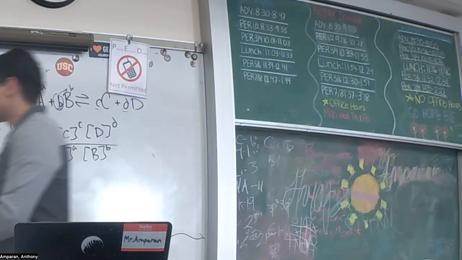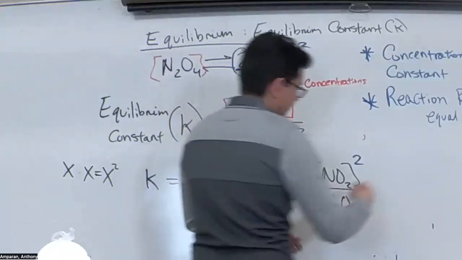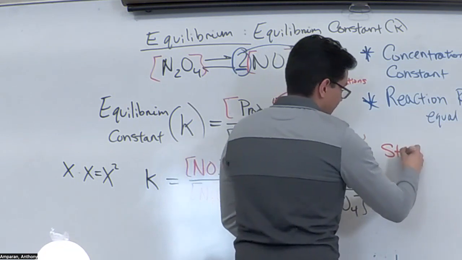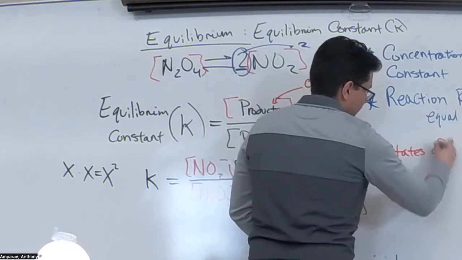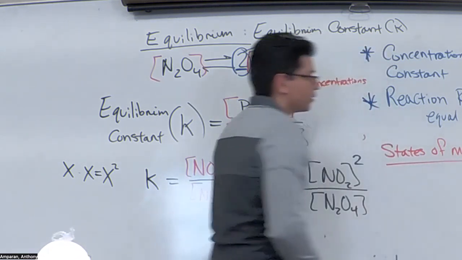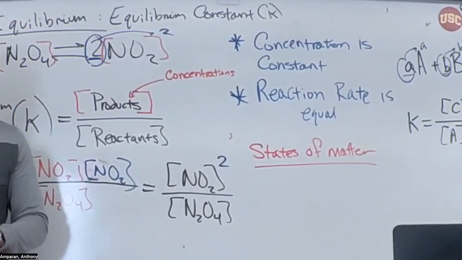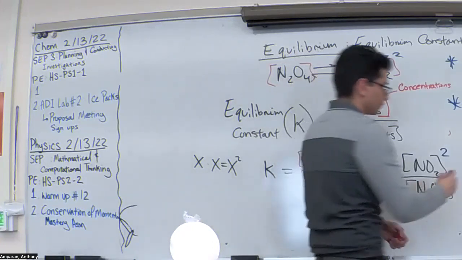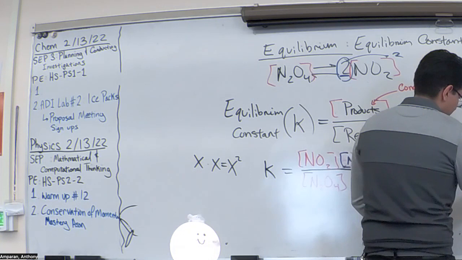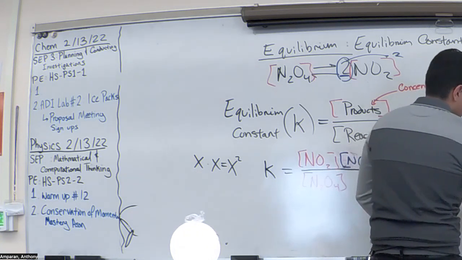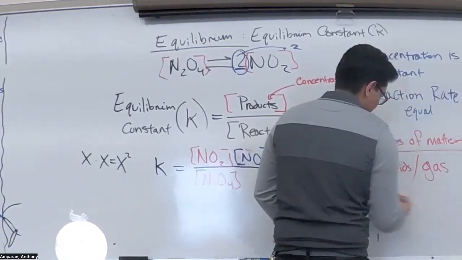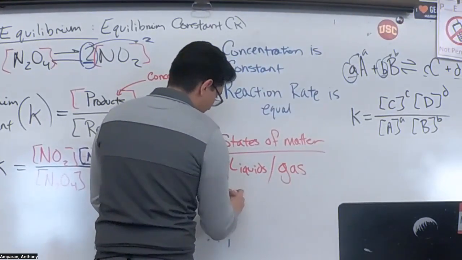One important note when you're writing these is that states of matter matter. The states of matter that you can use for an equilibrium reaction are going to be liquids, gases, and then aqueous.